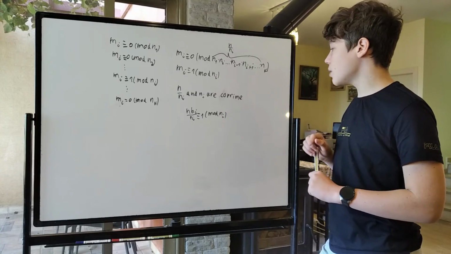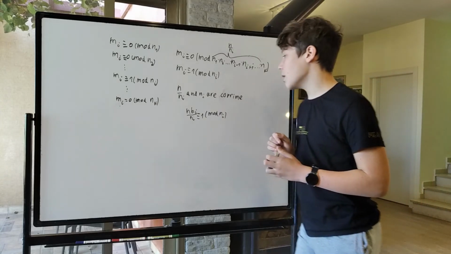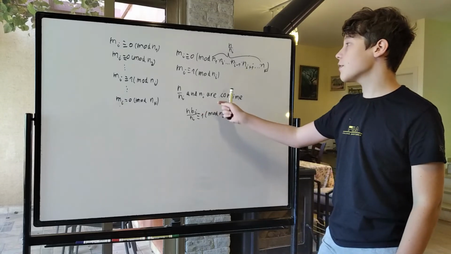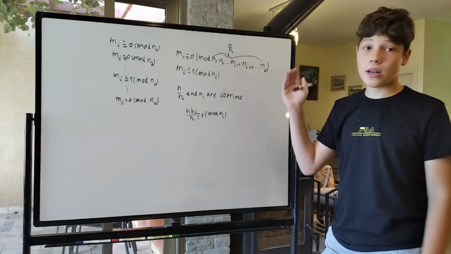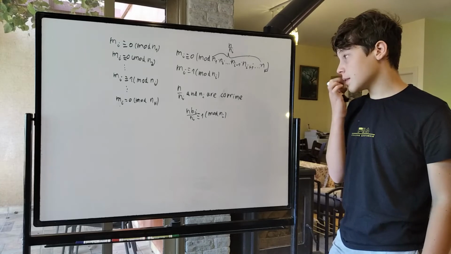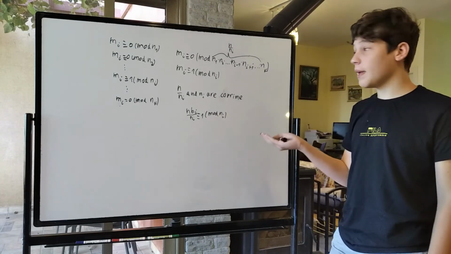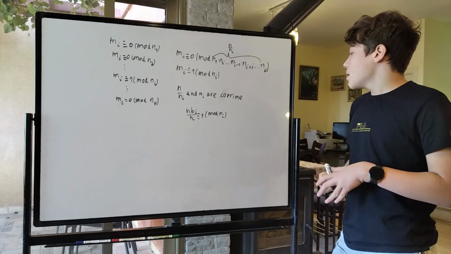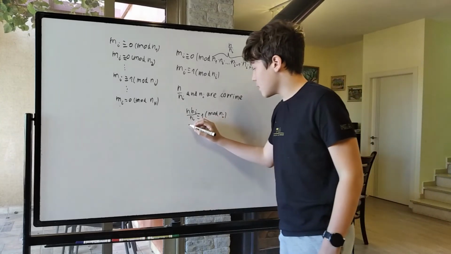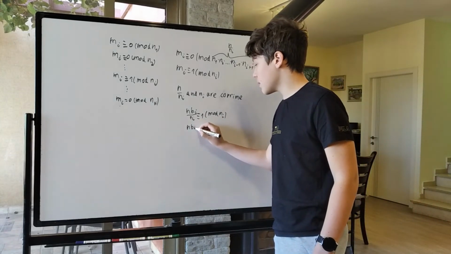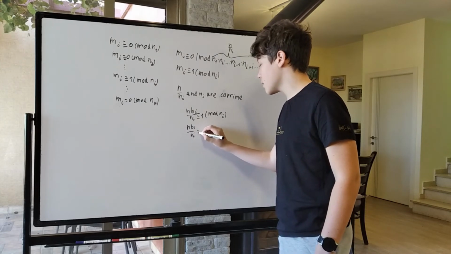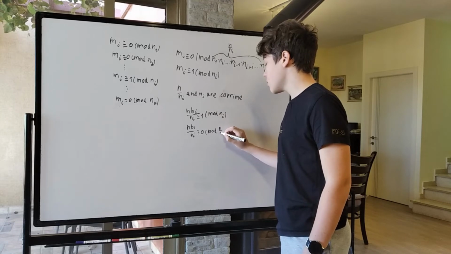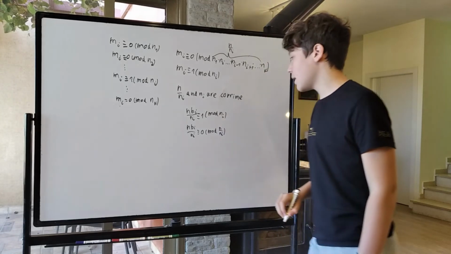And we also know that this obviously is congruent to 0 mod n over ni, because it's just some whole number bi multiplied by n over ni. And that's it.